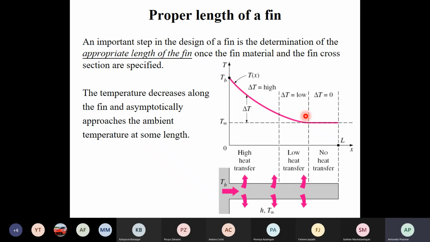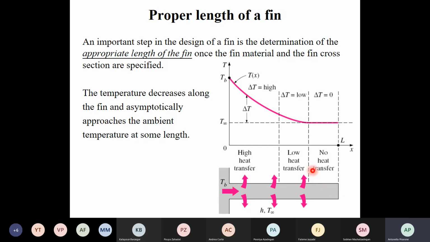Adding things, I add metallic material, and the weight is not negligible. So if I have a portion of fin that does not work so much, I have to think about the possibility to reduce the length, to reduce, for example, the size of my equipment, or also the weight of this equipment.